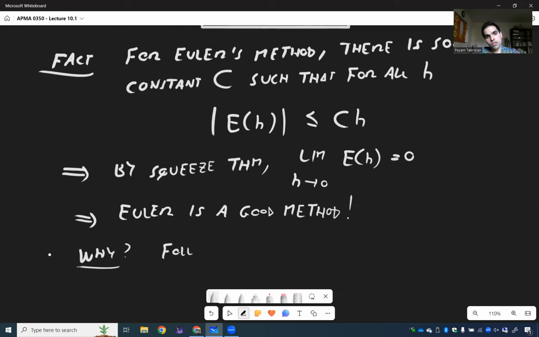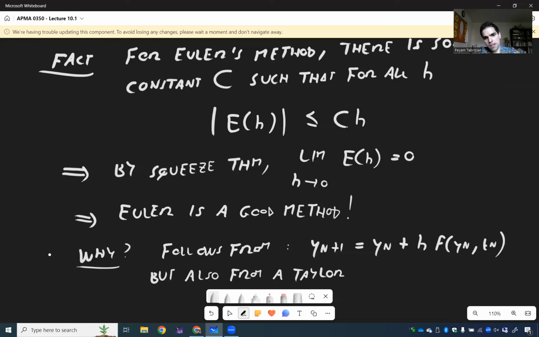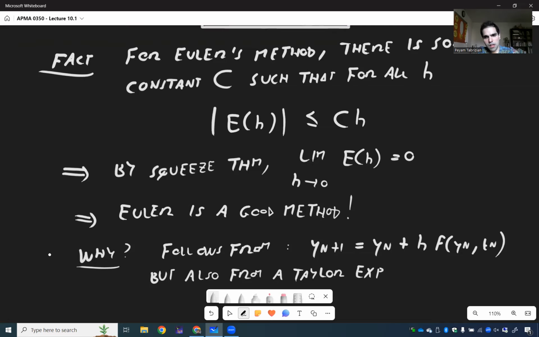It follows from, of course, the formula of Euler's method, y at t_{n+1}: again, the future is the present plus the ODE, f of y and t_n. But also from a Taylor expansion.